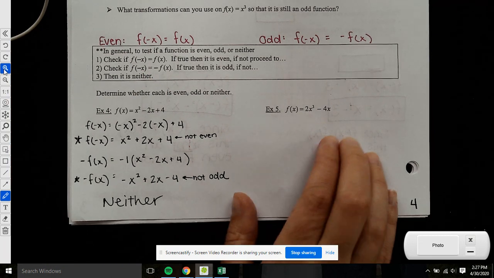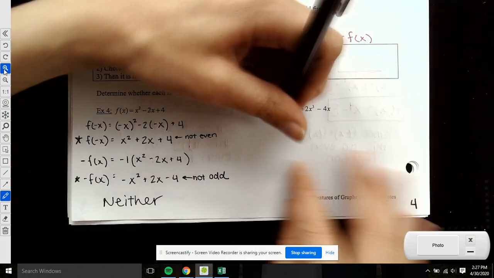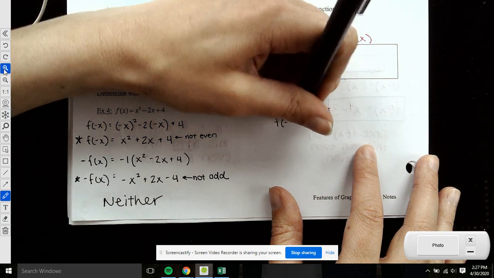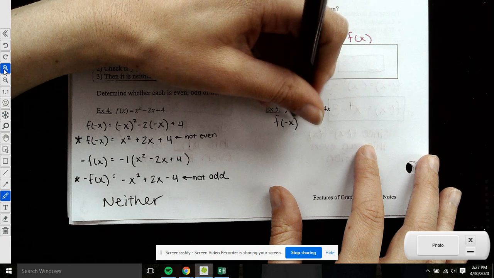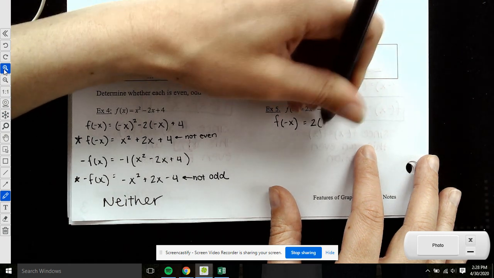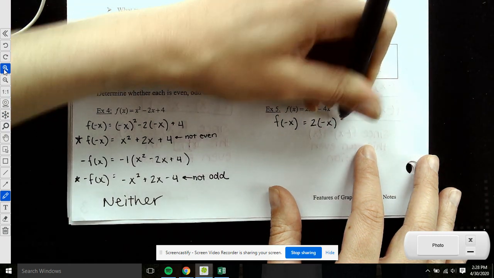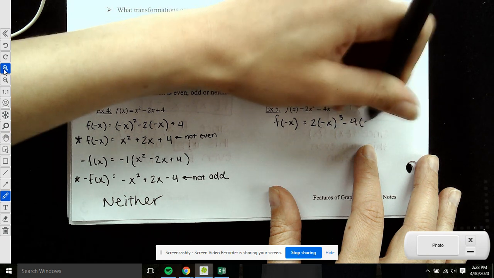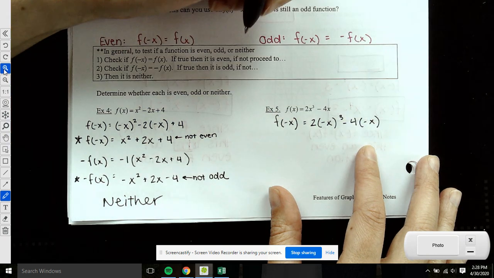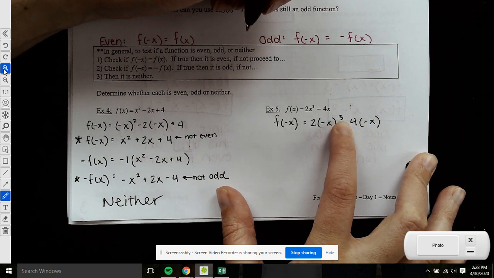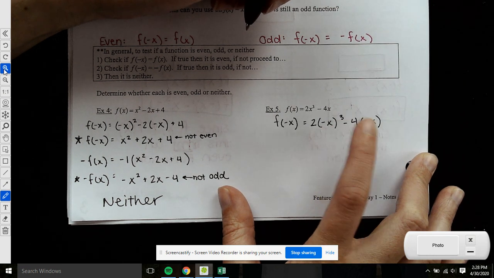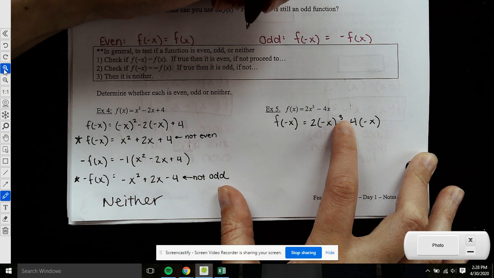So let's check example 5. Again, first thing I'm going to do is f of negative x. Plug in negative x, so that would be 2 times negative x cubed minus 4 times negative x. Now keep in mind, negative x to the third is going to come out negative because of the odd exponent.